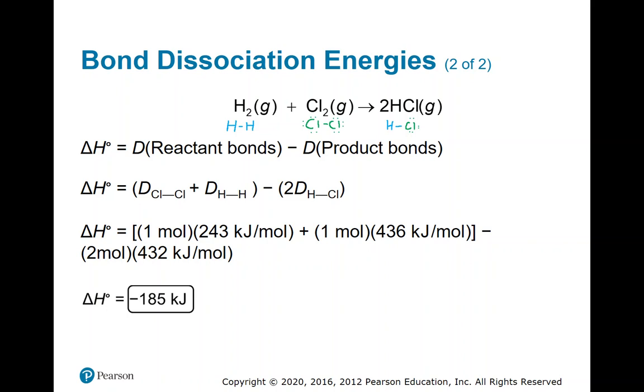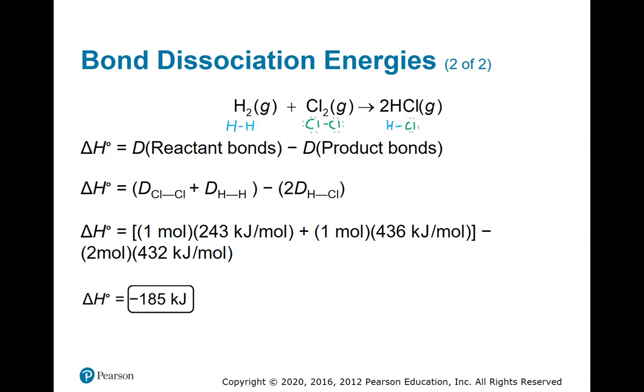In the case of all of our reactants and products here, each molecule just contains one bond, and so we don't need to multiply by any further coefficients. If you look up the bond dissociation energy for chlorine, that's going to be 243 kilojoules per mole, and for hydrogen, it ends up being 436 kilojoules per mole.